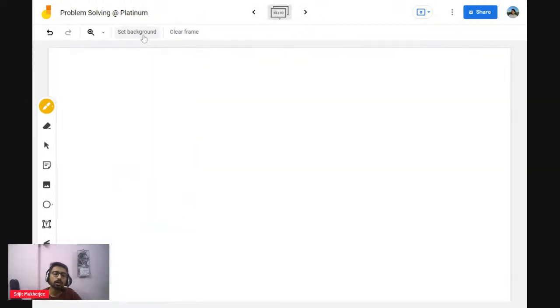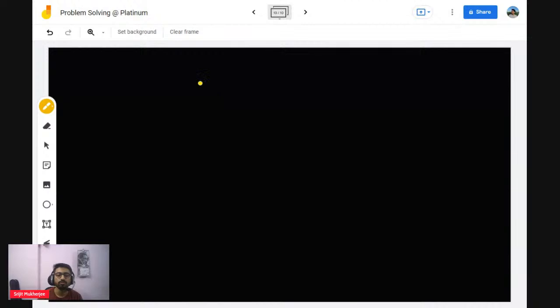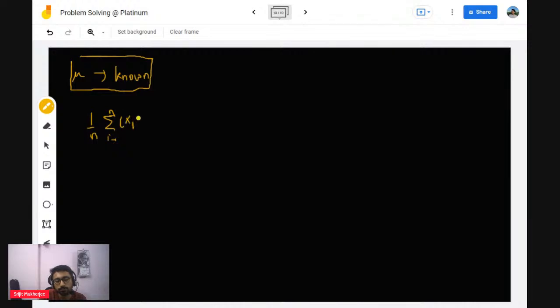Can you now use this to show the sample variance for mu known? We showed it for normal; can you show for non-normal that 1 by n summation of (Xi minus mu) whole square converges in probability to sigma square?